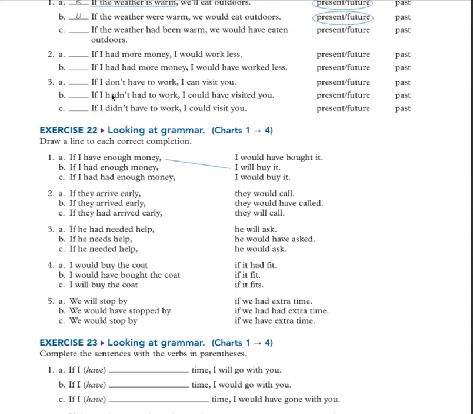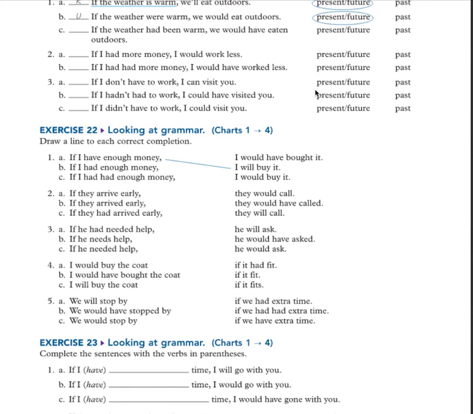Number 3. If I don't have to work, I can visit you. Okay, look at the verb here. Present, and in the result clause, simple form. So this is real. Okay. And the result, if I don't have to work, is the clause that implies the condition.